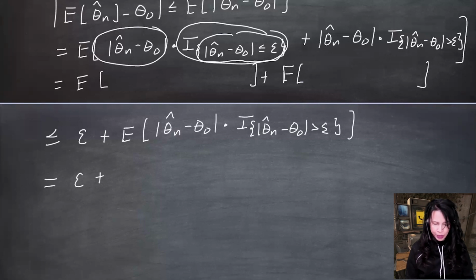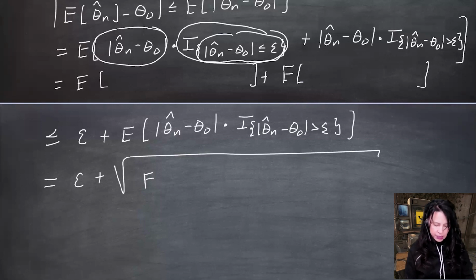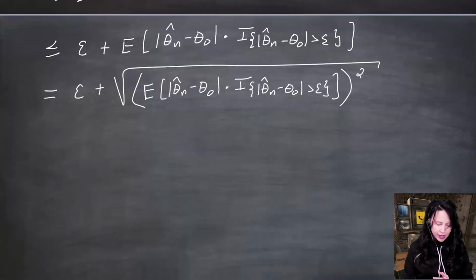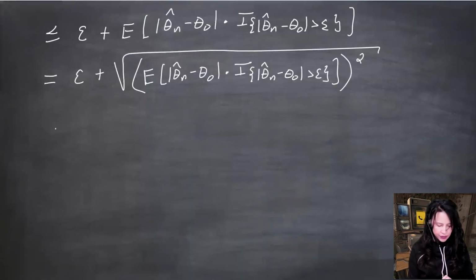I'm going to rewrite this whole expectation as the square root of this entire expectation squared. That's certainly equal to the line above. And you might recall the Cauchy-Schwarz inequality. I'm a little short on time, so I usually at this point would recap that for you, but I'm not going to recap it. So go back and check it out.